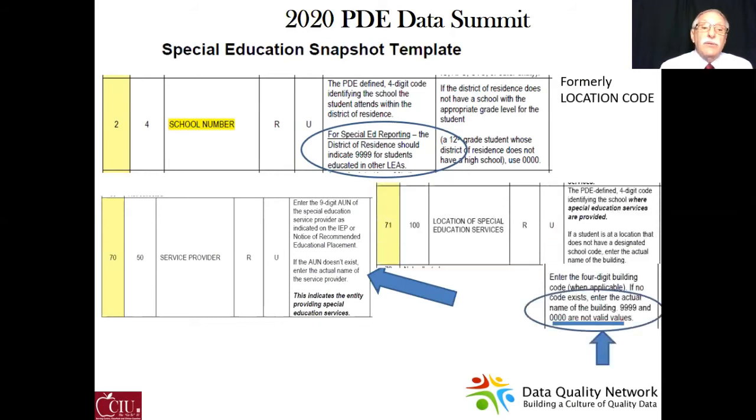Tied to the service provider is the location of special education services, field 71. Just a note there that quad 9 and quad 0 are no longer valid numbers. This is where you're going to put the location of special education services. It's either going to be a PDE building number, which it can only be if the child is being served in a public school building.